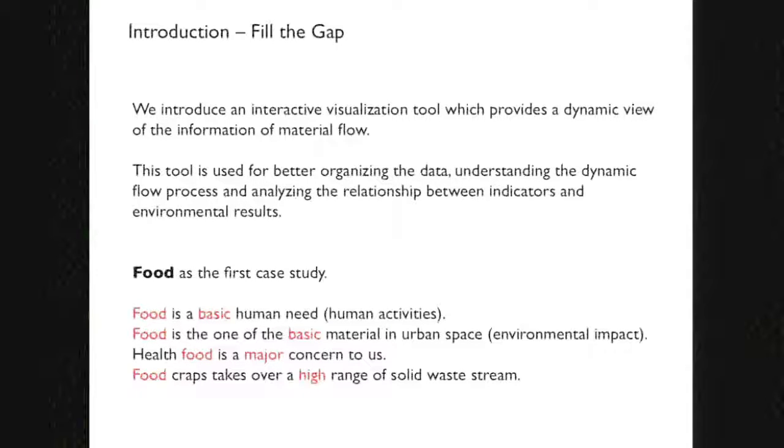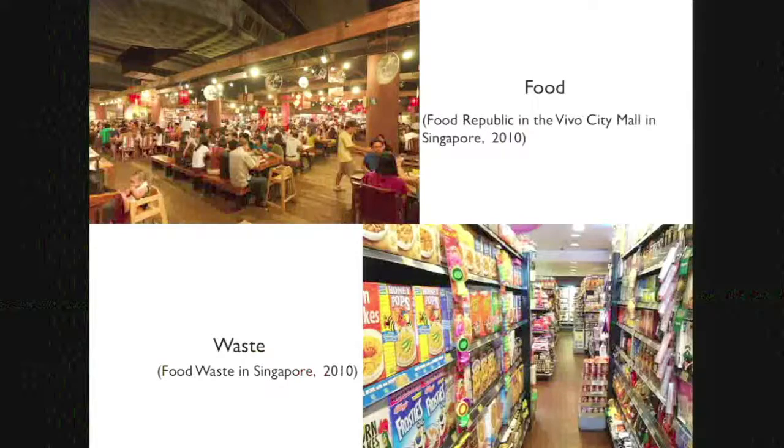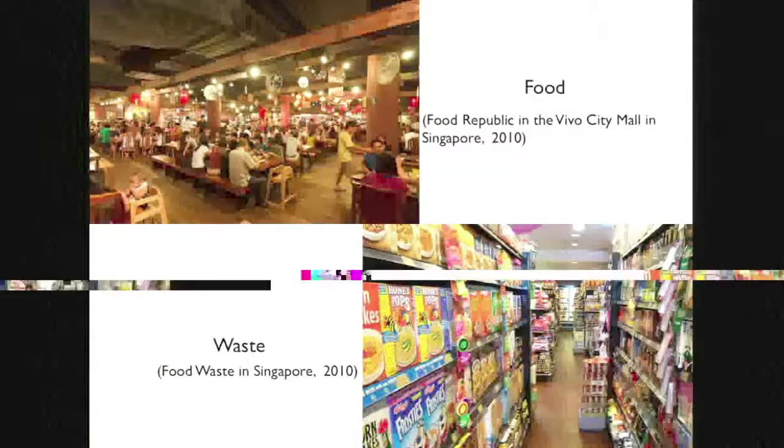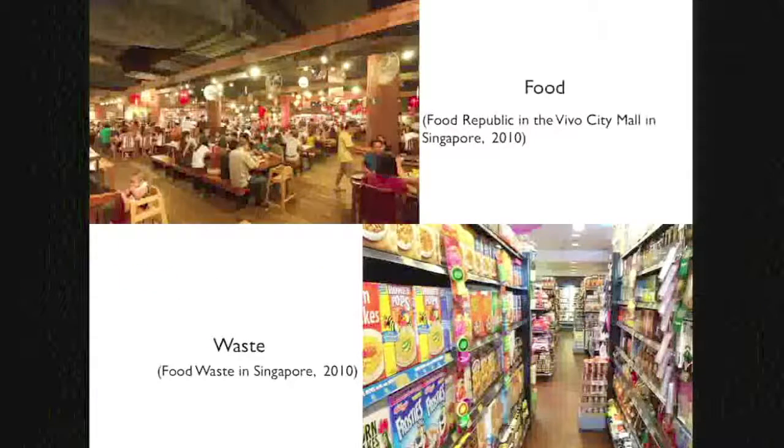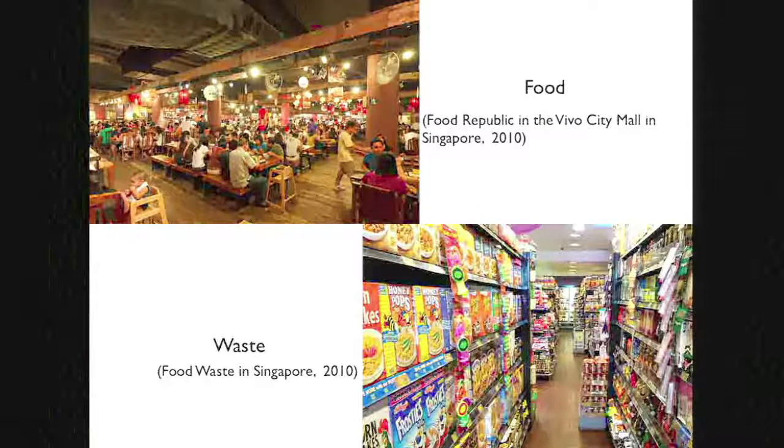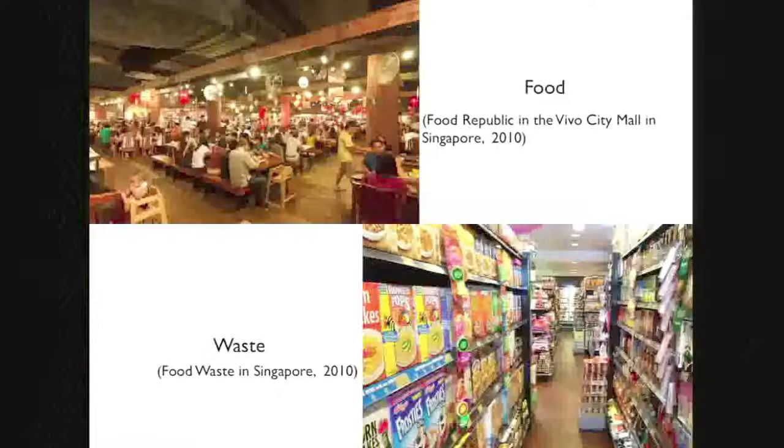And before we get into the comparatively boring system design diagrams, I would like to show you some interesting images. This is our Singapore. The first one, the top left, is our food court in Singapore. As I show you here, there are so many people sitting there enjoying Chinese food, Western food, all kinds of food.